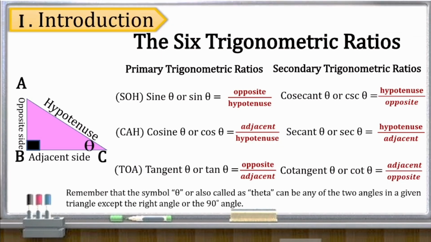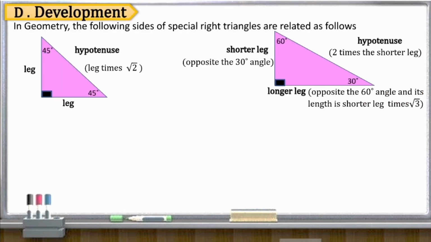Remember that the symbol theta can be any of the two angles in a given triangle, except the right angle or the 90-degree angle. Now, proceed na tayo class sa special right triangles. In geometry, the following sides of special right triangles are related as follows.